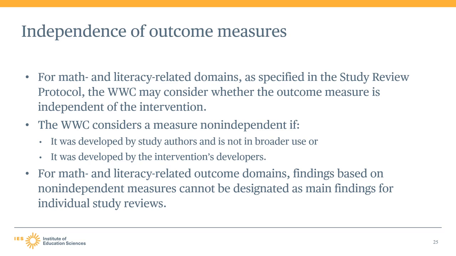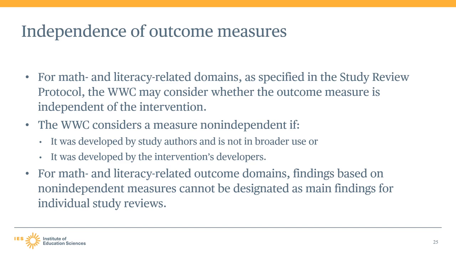The WWC considers a measure to be non-independent if either it was developed by study authors and is not in broader use, or if it was created by the intervention's developers. This means that measures created by study authors will be considered non-independent unless there's evidence of their broader use in the field.